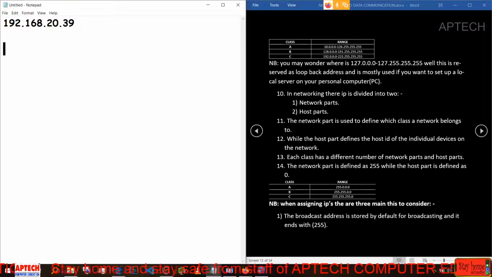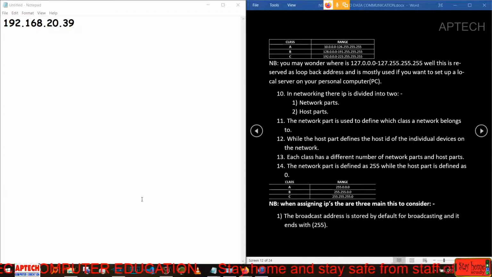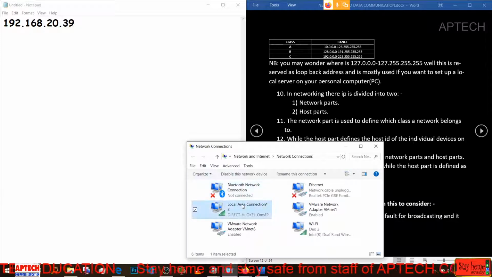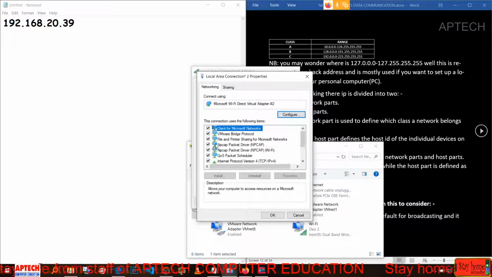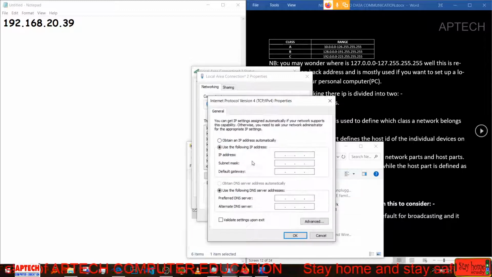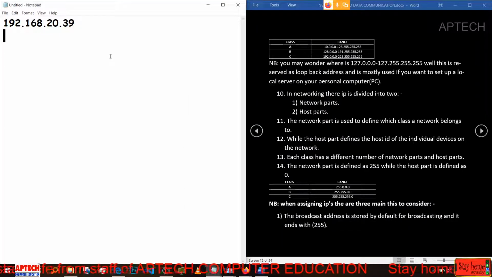So by putting the subnet mask, when you go to the network properties, you remember how to do this? Are you seeing the subnet mask option here? By putting that, the computer is able to know this is a particular class.